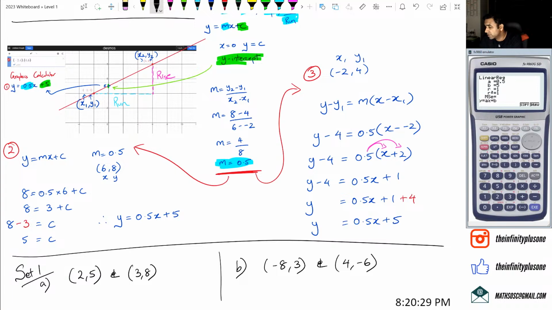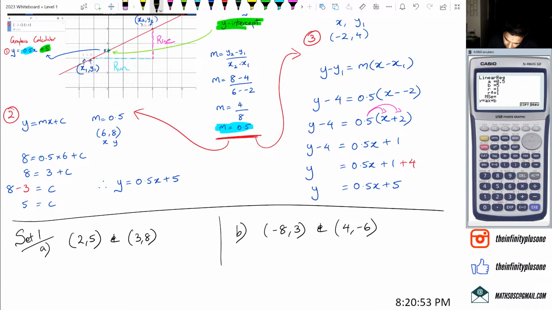I'll give you about 3 to 4 minutes to have a good go with this. And remember, it's fine if you make mistakes. That's how we learn, guys, so it doesn't really matter. Remember, step 1, you want to work out the gradient. Step 1, find M. Step 2, choose a point.